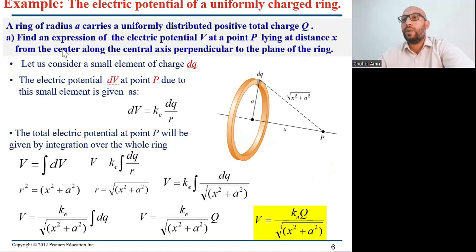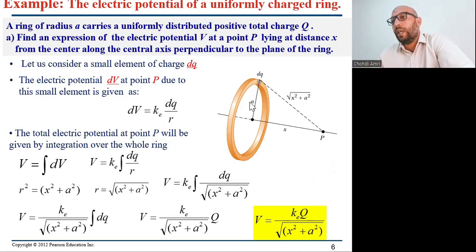Question: a ring of radius a carries a uniformly distributed positive charge Q. Find an expression for the electric potential V at a point P lying at a distance x from the center, along the central axis perpendicular to the plane of the ring. You see here that we have a ring.